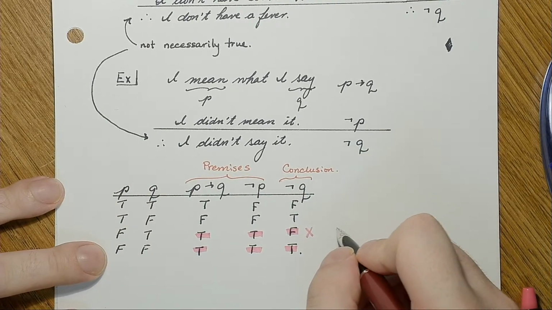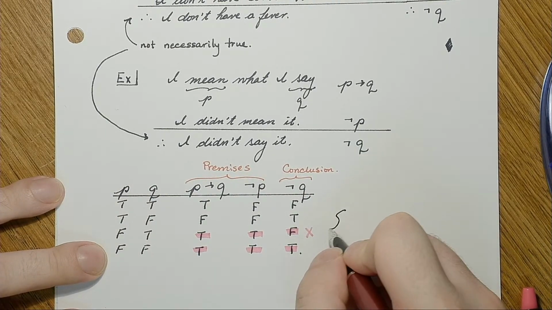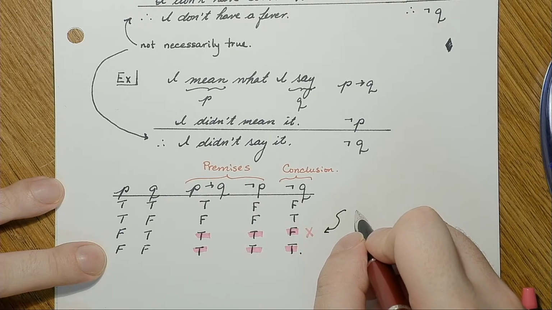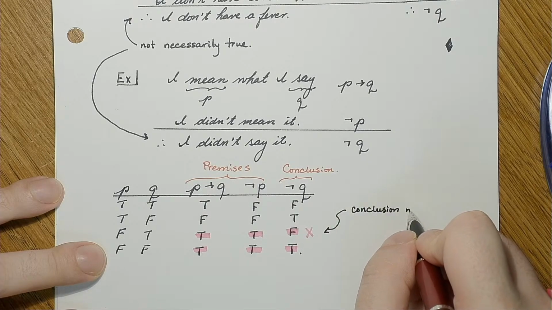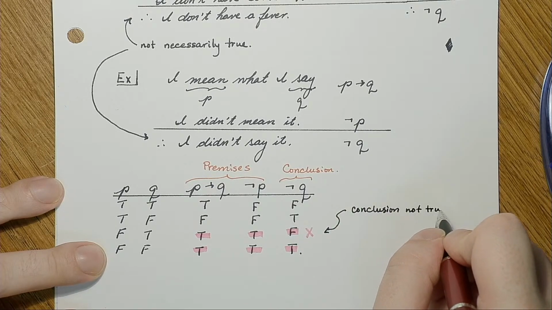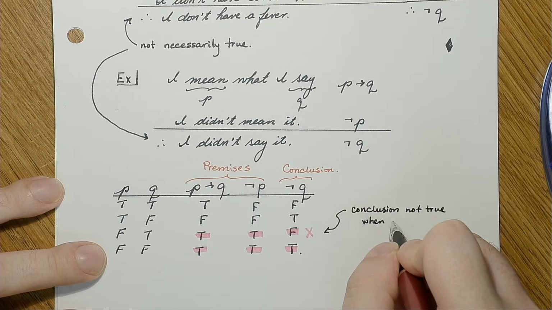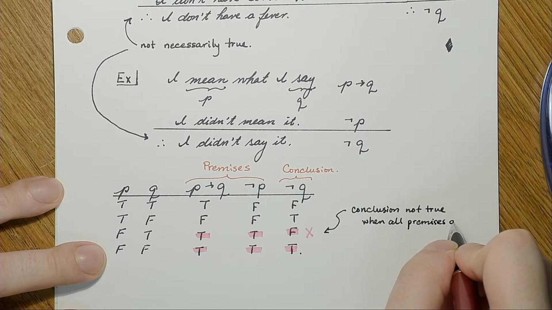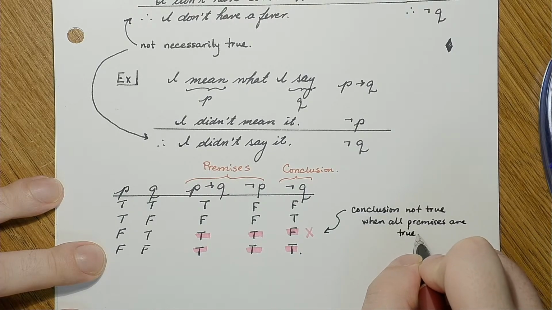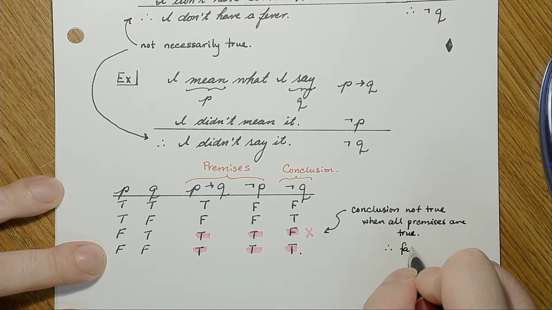The conclusion is not true when all premises are true. Therefore, it's a fallacy.